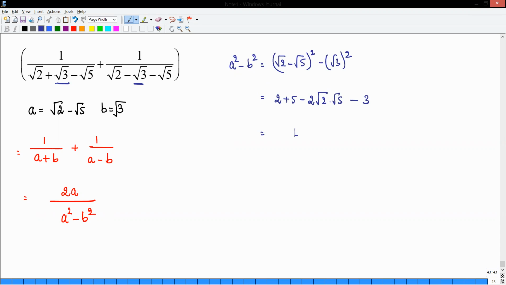We know 7 minus 3, 4. Again, common 2. You can also common root 2. We know it very well that root 2 minus root 5 as a.